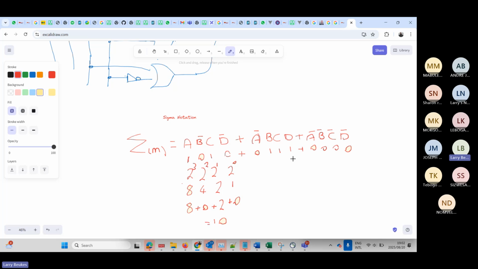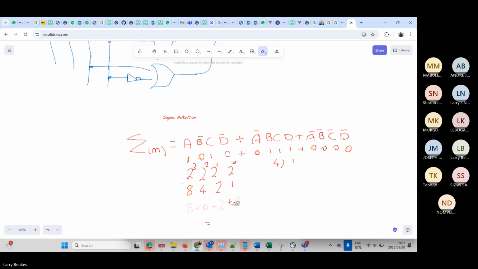So here, it's basically 1, 2, 4. This one is 7, and this one is 0. So our final answer here, let me just delete these things. So our final answer here is going to be 0, 7, 10 in sigma notation.